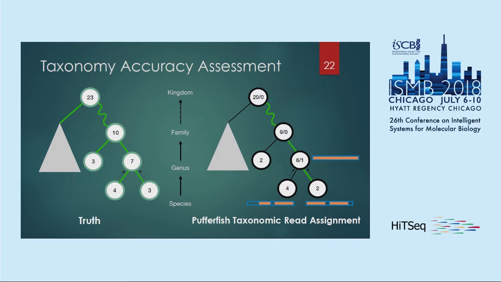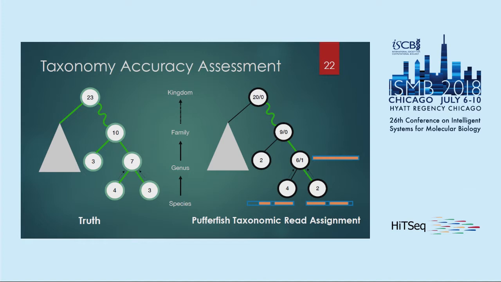So one of the assessments that we provide is one unique metric over the whole tree. The truth that we have in the simulated data set that we use aligns the reads to just the leaves. But in our process, we will align the read to either the leaves or the internal nodes.